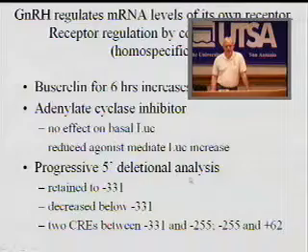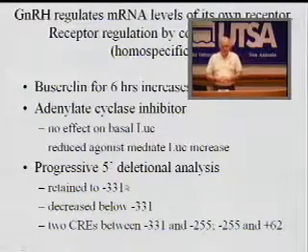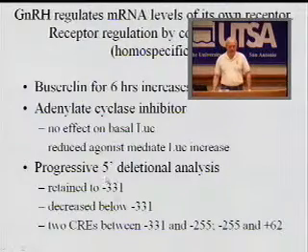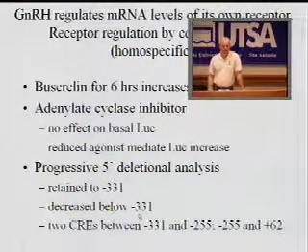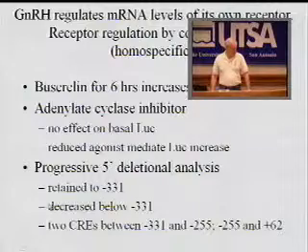Using progressive 5' deletional analysis, basically all this evidence implicating cyclic AMP mediated effect was retained up to -331, and once you truncated below, closer to 0 with reference to the -331, then you began to get a decreased expression and responsiveness to the cyclic AMP tests that we've talked about.